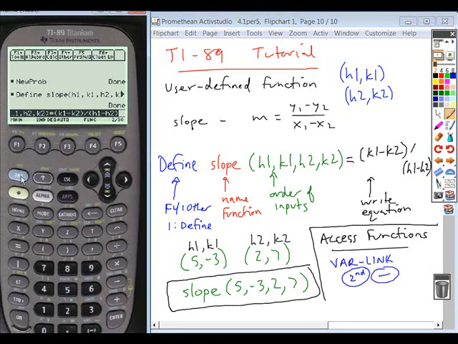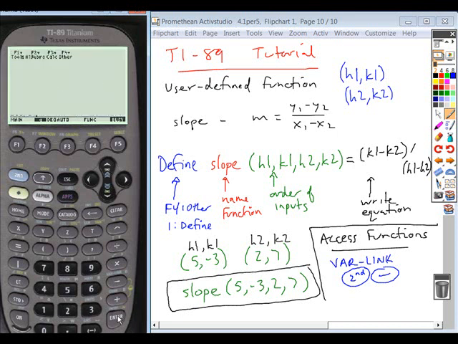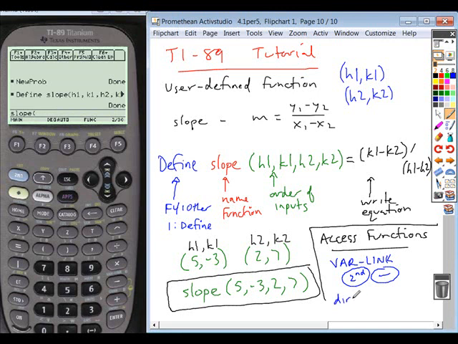Under second var link, you'll have a set of functions and definitions or anything that's stored in your calculator, including those of you who have games. If you type the key with the letter next to it, you can type 3 for the S, or in this case I'm just going to type T and then scroll up to get to slope. But you can access it through var link, or you can just directly type the name of your function. You could just alpha lock it and type in the word slope.